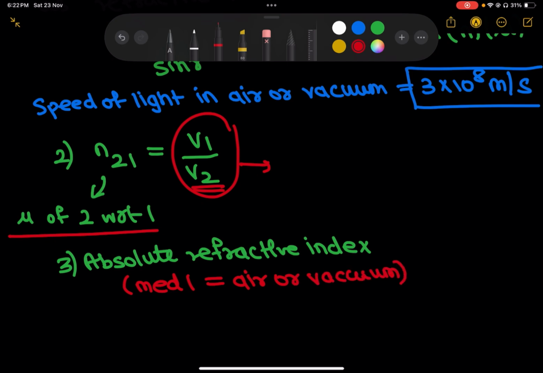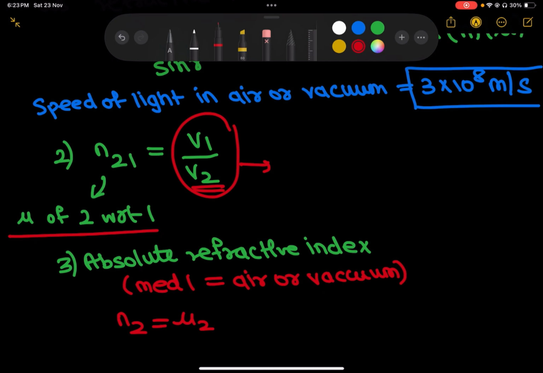Then the refractive index of medium 2 is considered with respect to medium 1, or air or vacuum. That is known as the absolute refractive index of medium 2. It is represented simply as N2 or mu2. Understood?